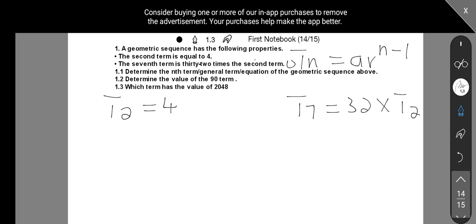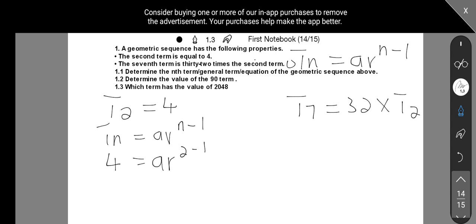We know that Tn is equal to ar to the power of n minus 1. Tn stands for the value found at a certain position. This means that we have 4 as the value, and that is ar to the power of n, which is 2, minus 1.